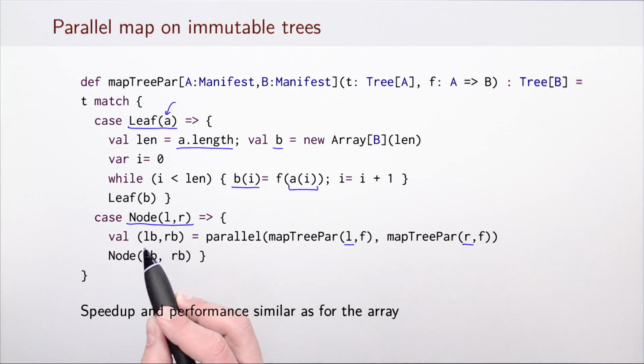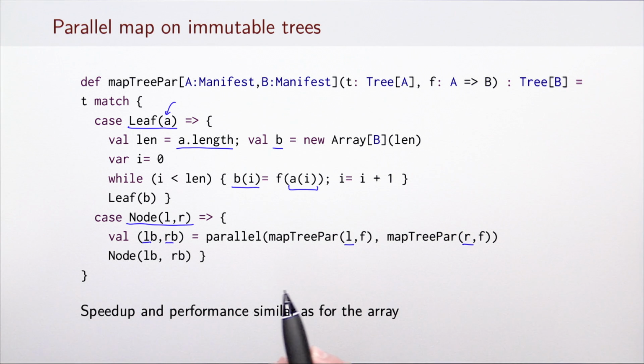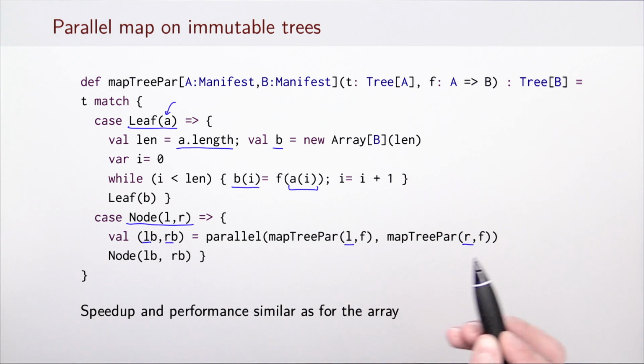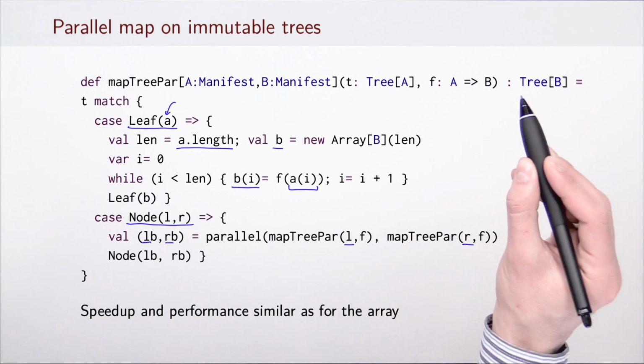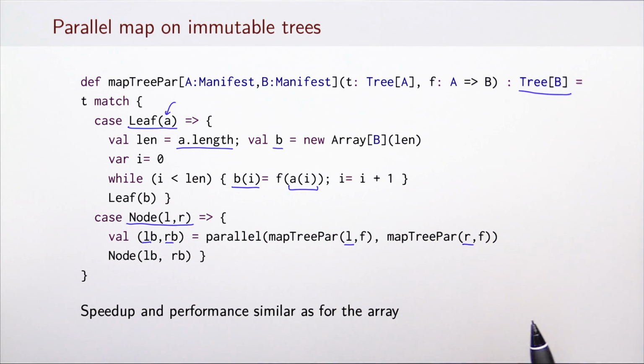The results will be two trees. Note that unlike the operations on arrays that we had before, this parallel map returns a new tree. Once we have these two trees, we simply combine them into a new node. If we now measure the speedup relative to a sequential version, we obtain similar improvements as for the array.